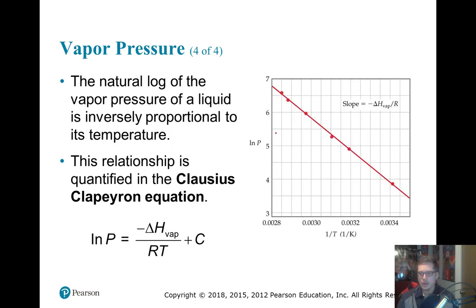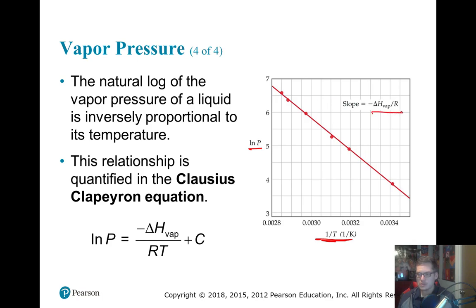Another interesting idea: if you took the natural log of the vapor pressure and set it inversely proportional to its temperature, so you take the natural log of your pressure on the y-axis and then took the temperature related to that value and inversed it and graphed it, you'd get a straight line.